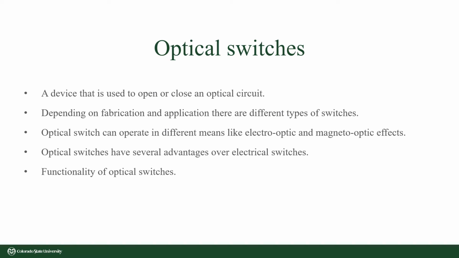A connection is said to be in the on state if an optical signal applied on one port emerges at the other port with essentially zero loss in optical energy. A connection is said to be in the off state if essentially zero optical energy emerges at the other port.